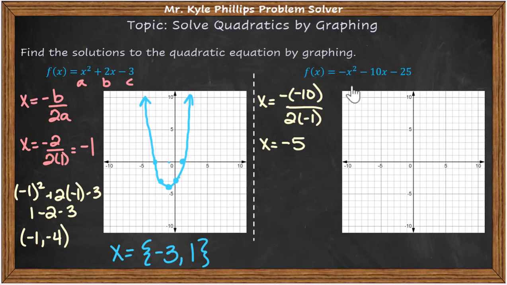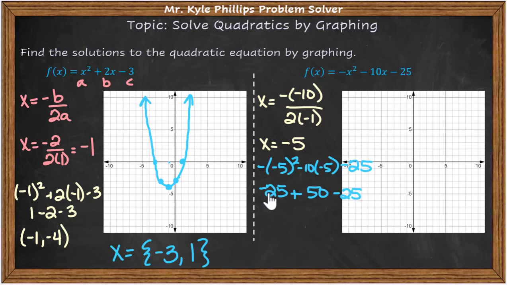I will take this and plug it in to get my y value. So this is negative 5 squared, minus 10 times negative 5, minus 25. This is 25 times that negative 1, so negative 25, plus, because the negative 10 and the negative 5 give me 50, and then minus 25.